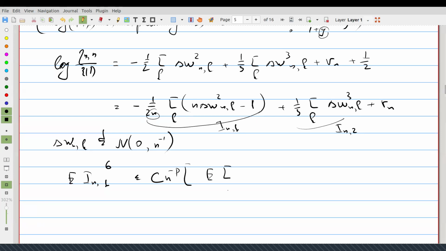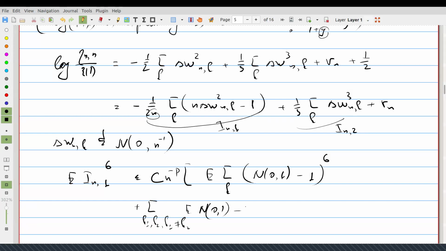Mathematical expectation, the sum over k of (n delta W squared minus 1) to the power 6 plus the sum over k1, k2, k1 not equal to k2.